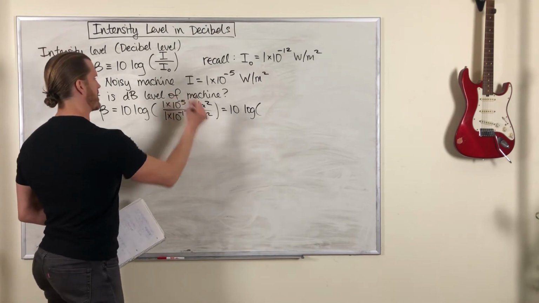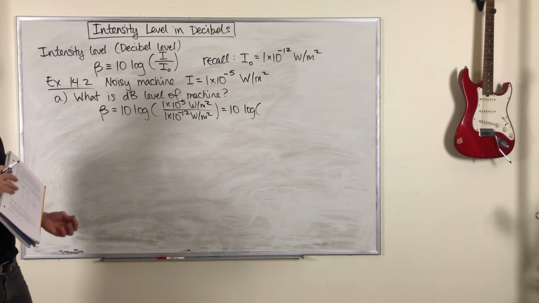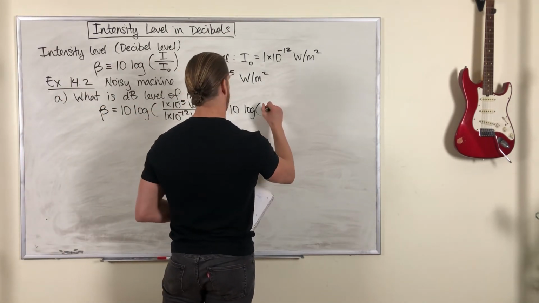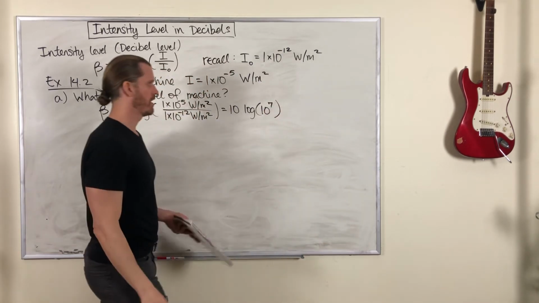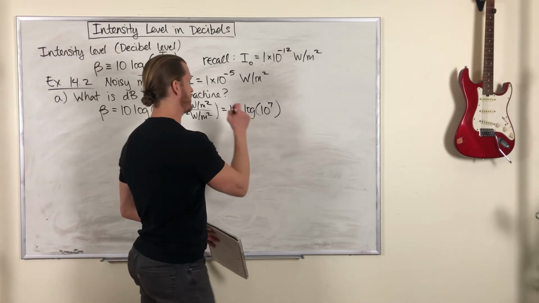So 10 to the minus 5 over 10 to the minus 12 is 10 to the 7. The log of 10 to the 7 is 7. 7 times 10 is 70.